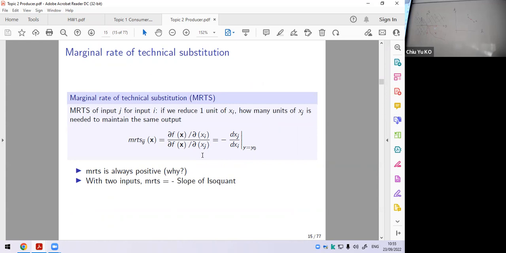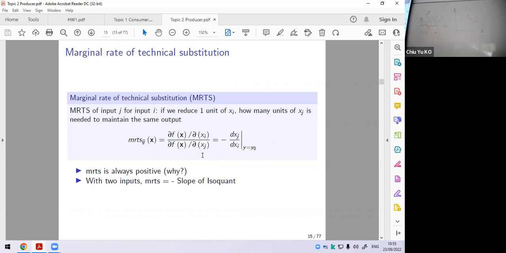If you give up 1 unit of I, how many units of J do you need to maintain the same output? Because you give up 1 unit of I, that gives up this much production, and you need this many units of J to compensate for that.